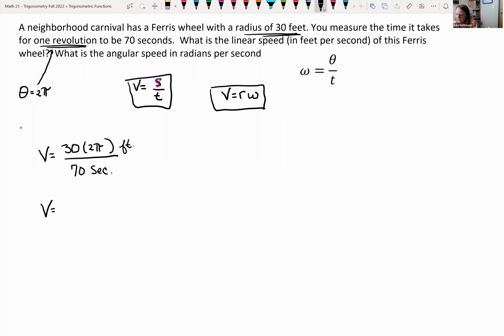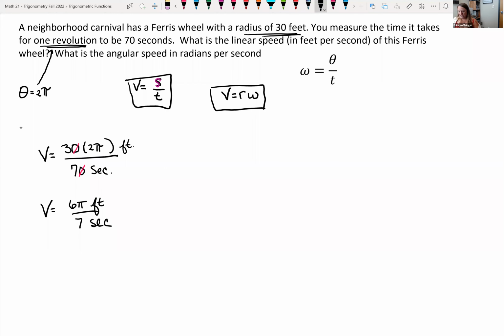So we can reduce it a little bit by dividing both the numerator and denominator by 10. And this would give us 6 pi feet over 7 seconds.